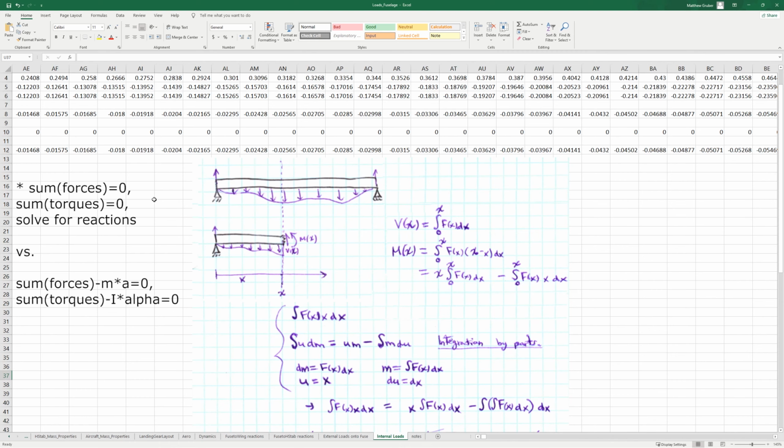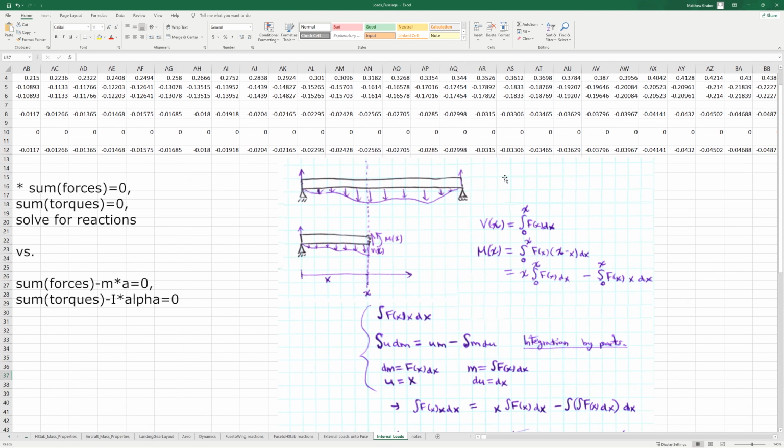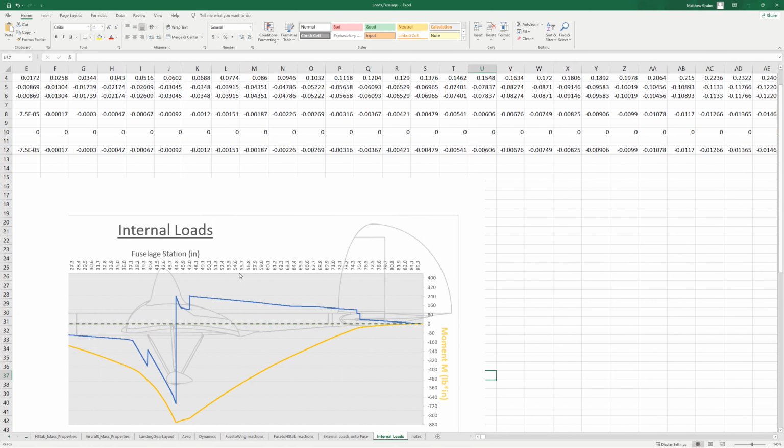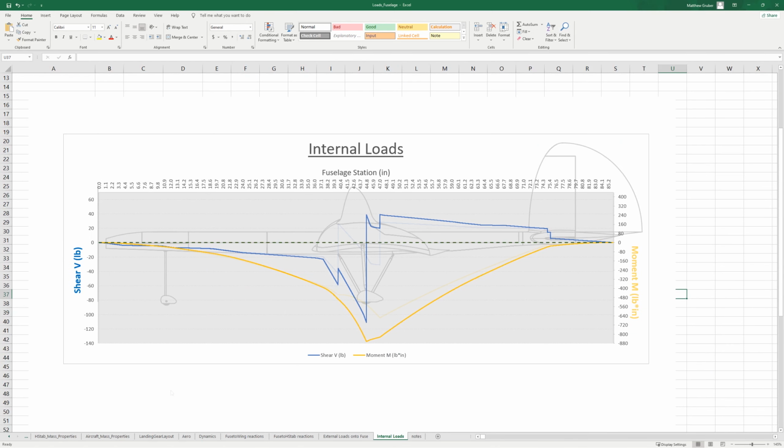Whereas for the plane that we just did, we have an accelerating system, and in its frame of reference we have sum of F minus MA equals 0, and sum of torque minus I alpha equals 0. So we didn't really calculate for the reactions, especially if we do a maneuver in the air, because it is an accelerating system that's not supported by anything except for itself. So that's one point to look at.